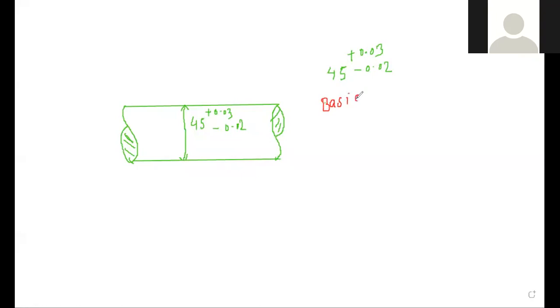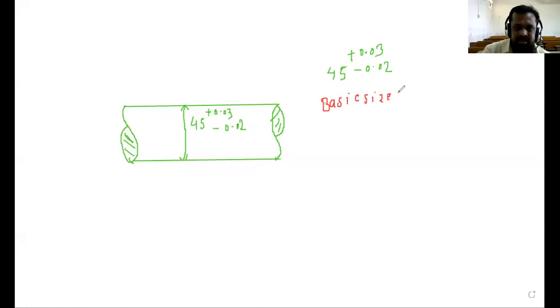The basic size is 45. This is the exact size. For your convenience, we can call it the exact size. म्हणजे जर 45 चा शाफ्ट तयार झाला, it is very accurate. येते का लक्षात? For convenience, saying basic size is nothing but the exact size.